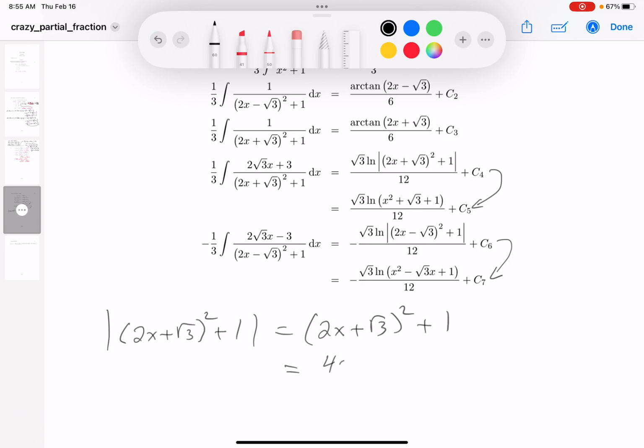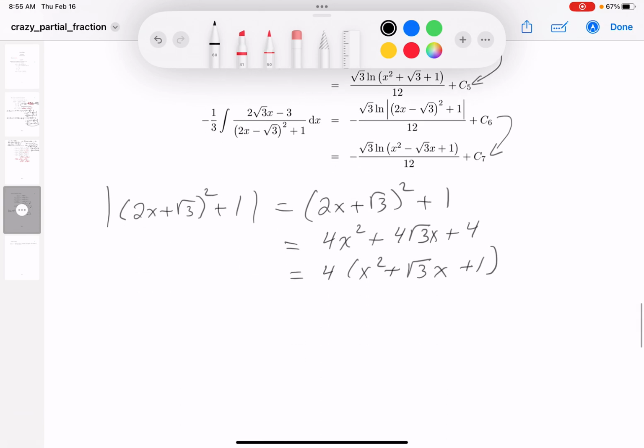What do you get? 4x squared. That's not too difficult. You're going to get, let's take a look at that, 2 root 3, 4 root 3 x. And then you get 3, and 3 plus 1 is 4. And then I factor a 4 out, and what do you get? x squared, this is x, sorry about that, plus root 3 x plus 1, all right?